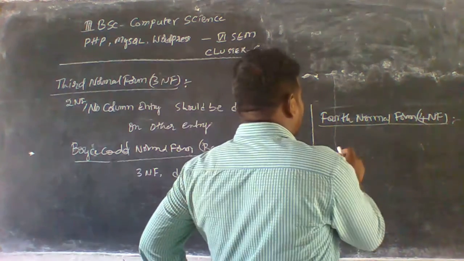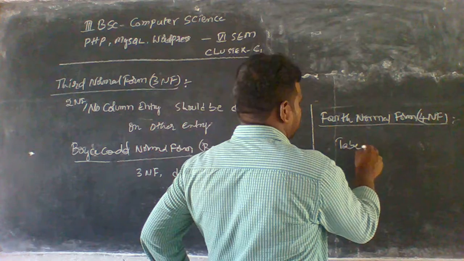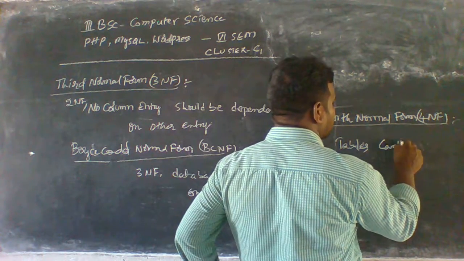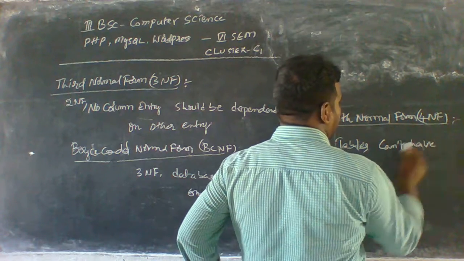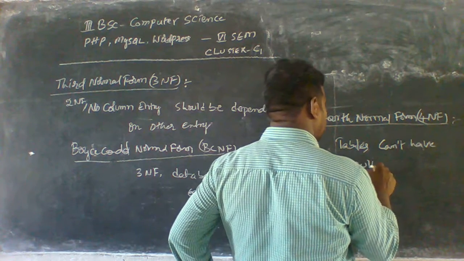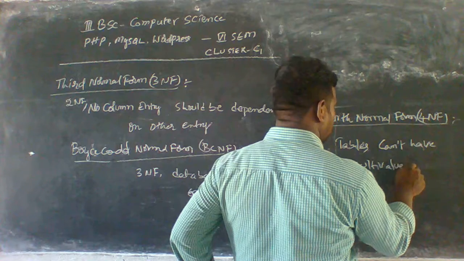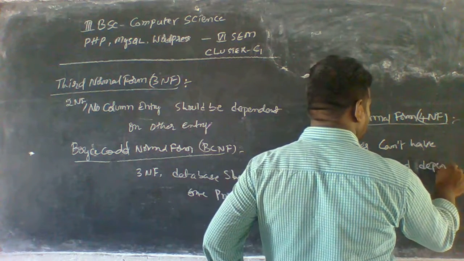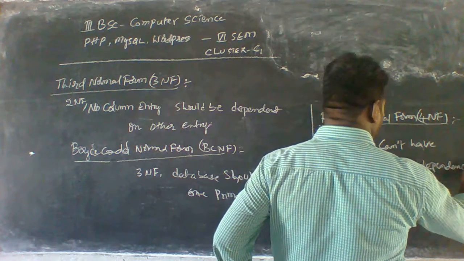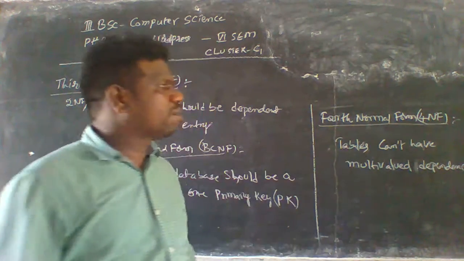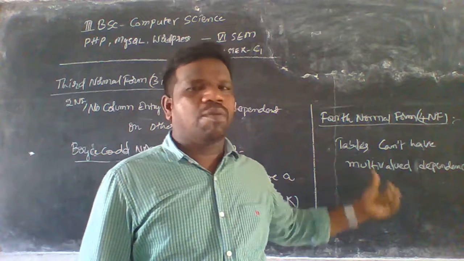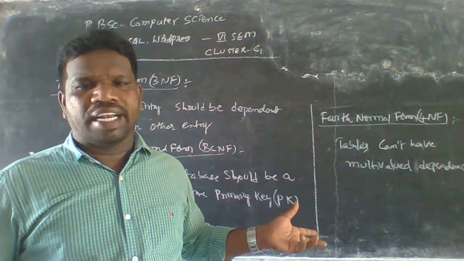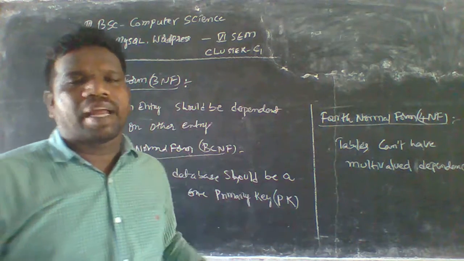So in this fourth normal form, tables cannot have multi-valued dependency on a primary key.